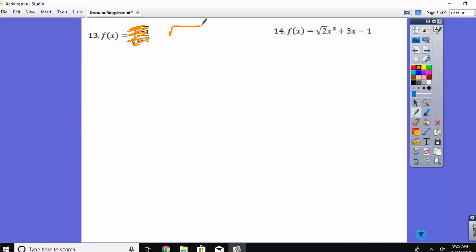I'm going to make this the square root of 1 minus x over x plus 2. Okay.